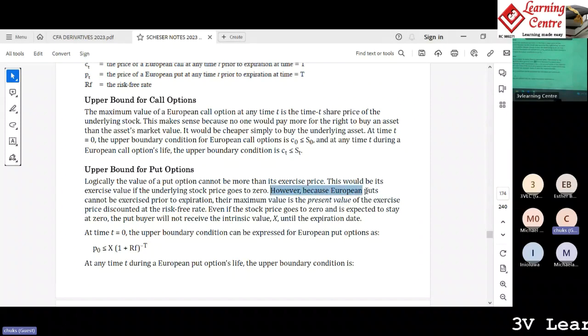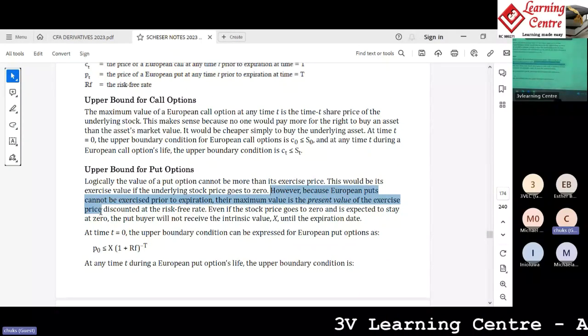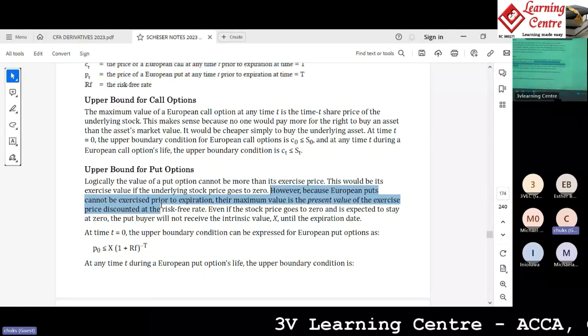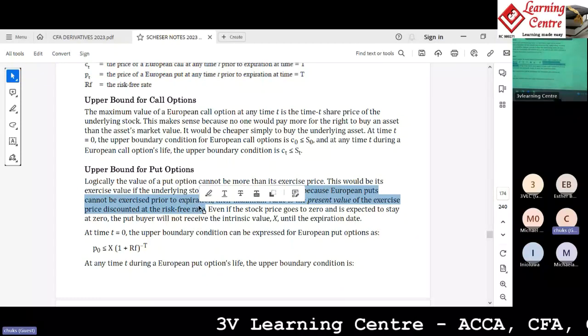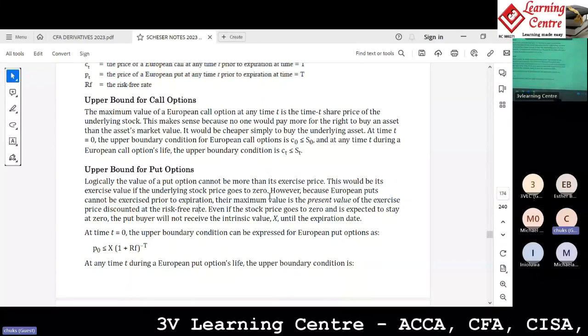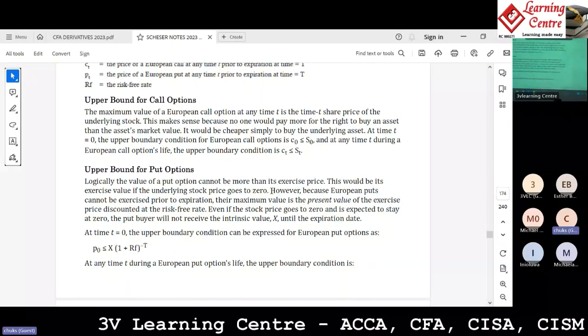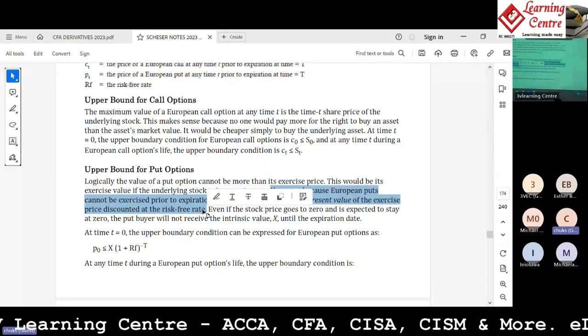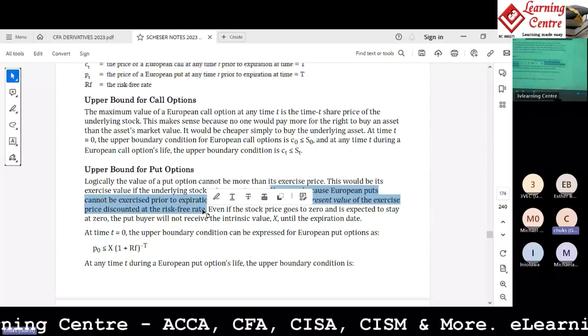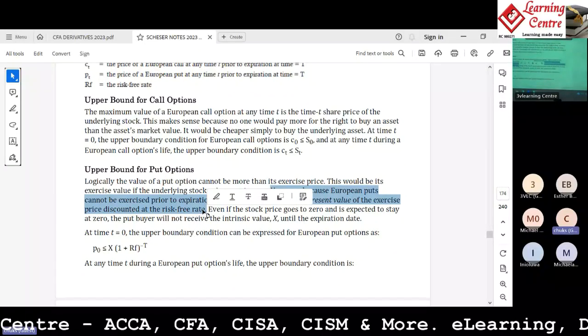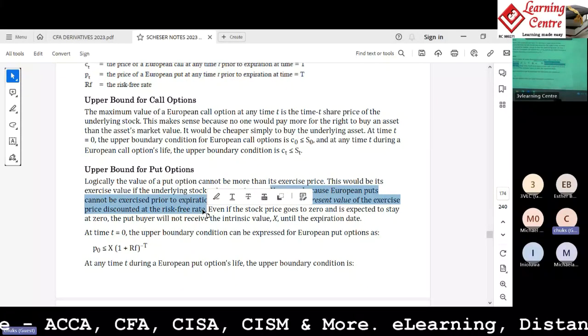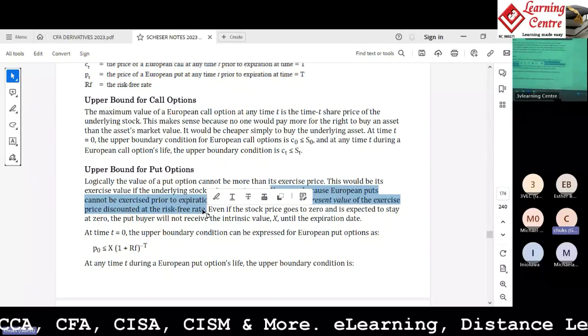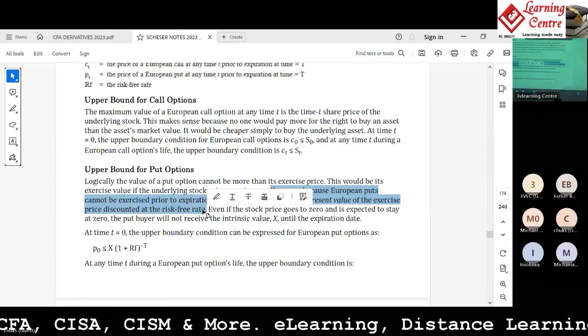However, because European puts cannot be exercised prior to expiration, their maximum value is the present value of the exercise price discounted at the risk-free rate. What does that mean? We have said the maximum value of the put is the exercise price, but you want to know what it is today. So you get the present value of that exercise price by discounting it at the same risk-free rate.